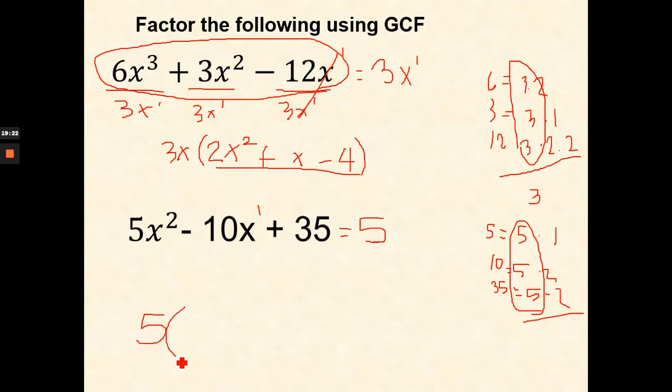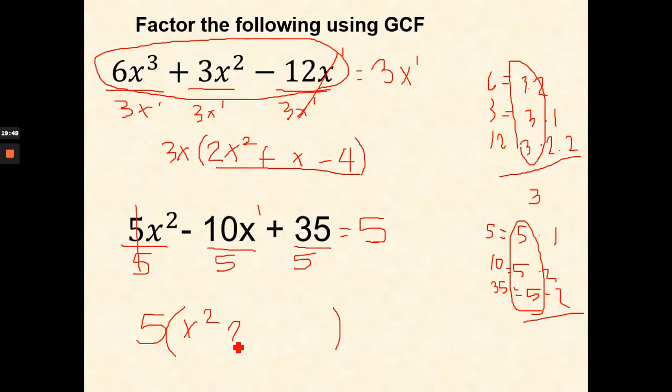Now, we are going to find the other factor. And how to find that? You're just going to divide each term by the GCF, which is 5. Okay? So what is 5 divided by 5? That is 1. So you're just going to copy x squared. What is 10 divided by 5?